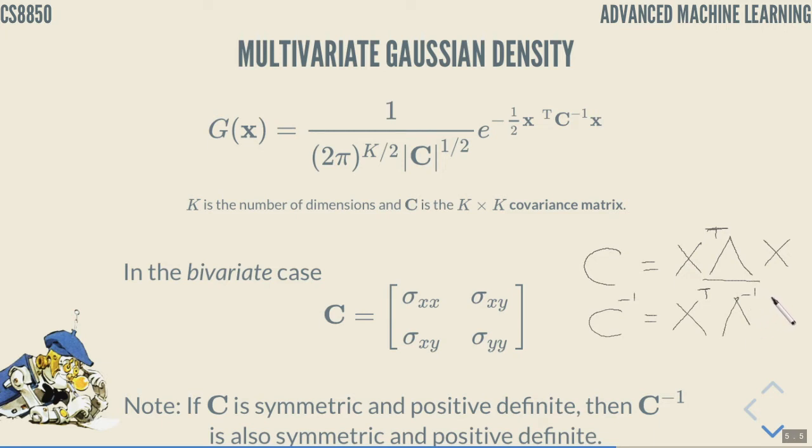Then C inverse is nothing but the inverse of lambda, and the inverse of lambda is a diagonal matrix, nothing but 1 over lambda 1, 1 over lambda 2 for all of the elements. Also a positive definite matrix because all of the new eigenvalues are still positive. The scale will change, but yeah.